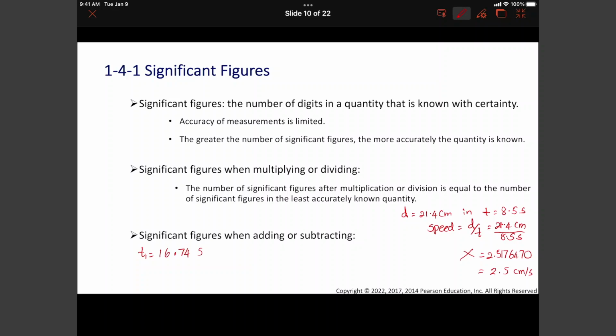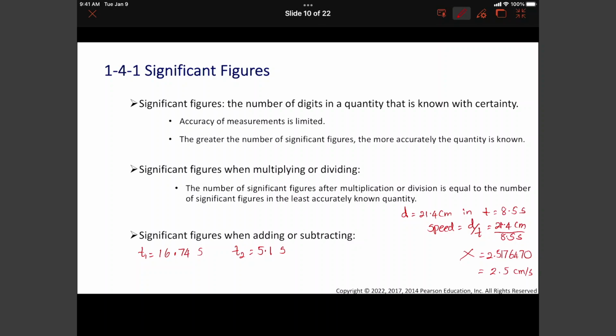And then a subsequent time measurement of 5.1 second. You do another time measurement of 5.1 second. So how many significant figures in T1? It's 4, and for T2 it has 2 significant figures. Now the total time for the two measurements.